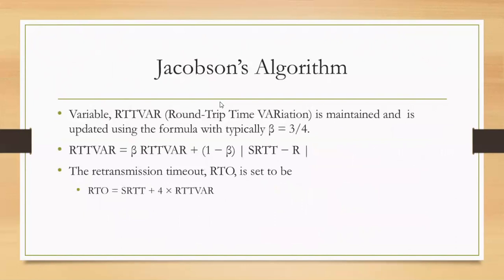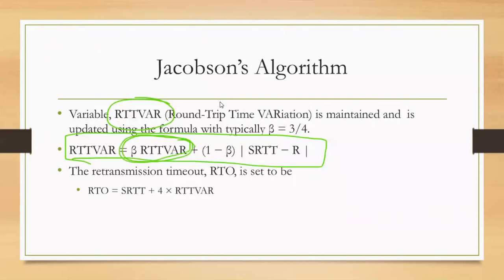So to take care of this variance, another variable is used, that is RTTVAR, round trip time variation. This is updated with this formula, which is similar looking. So the variance part is handled by this variable.